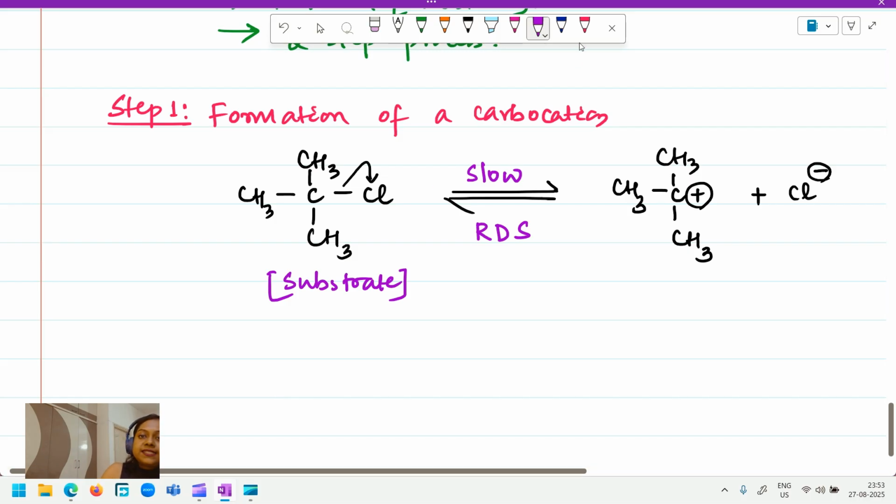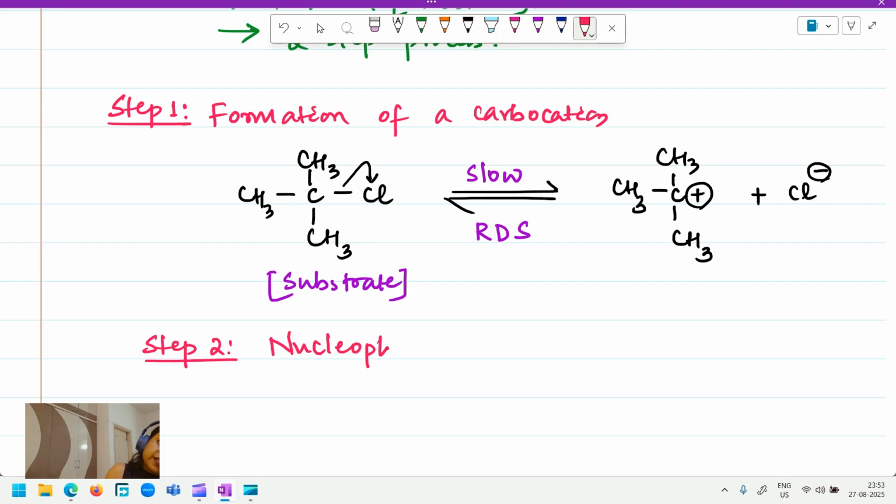Now, once the carbocation is formed, things are looking really easy for us. The next step is nucleophilic attack of the new nucleophile on the carbocation.